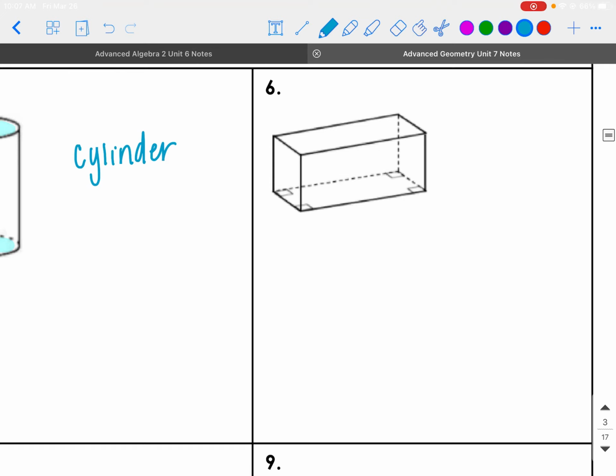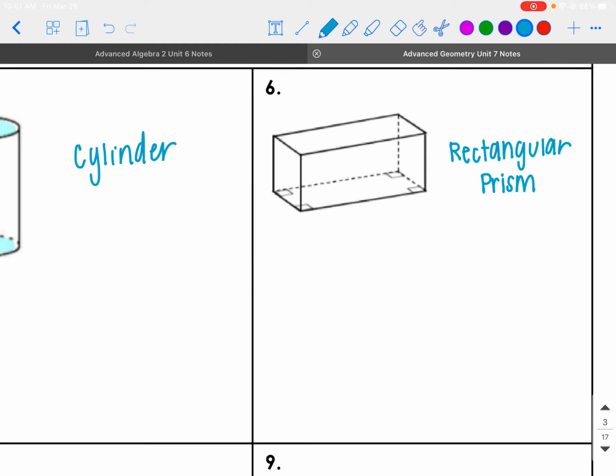All right, number 6, this is a rectangular prism, and it really has 3 sets of bases. We don't really label the bases just because the front and the back, they're parallel and identical.